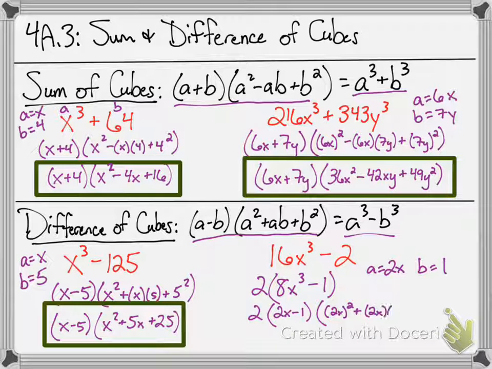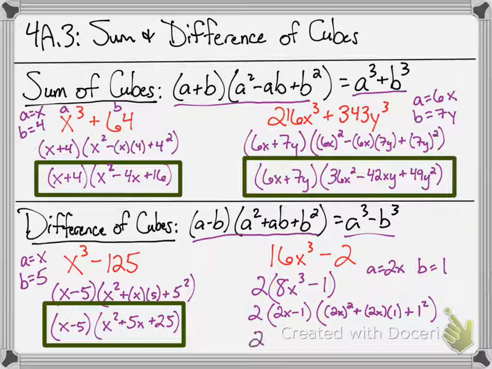So 2x times 1 plus B squared. So that would be 1 squared. Now you notice I put the 2x in parentheses for that A squared because both the 2 and the x must get squared. I didn't worry about it so much for the B term when I did B squared because it's just one singular piece there. It's just the 1, nothing else is with it, so we don't have to worry too much about it.